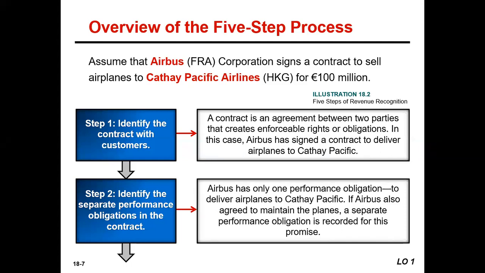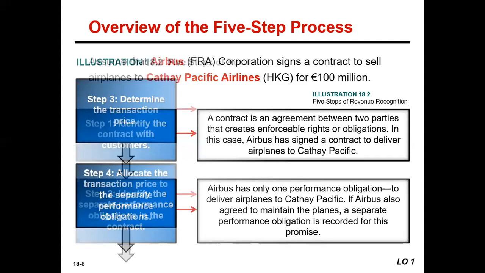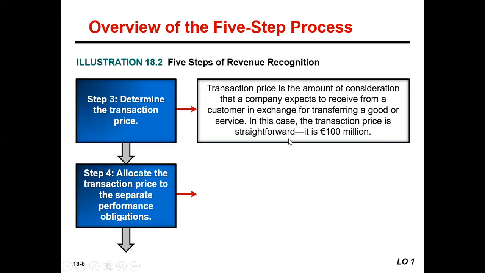If Airbus will also agree to maintain the planes, a separate performance obligation is recorded for this promise. So we're done with steps 1 and 2. Step 3 is determine the transaction price. So that is 100 million.